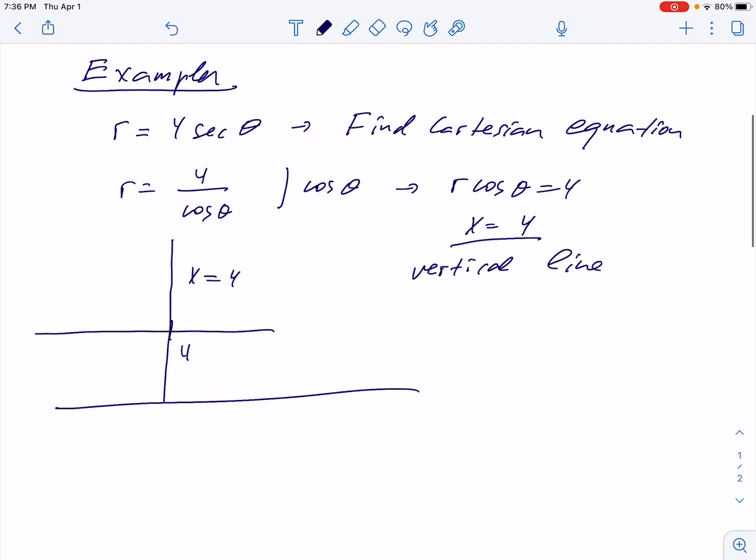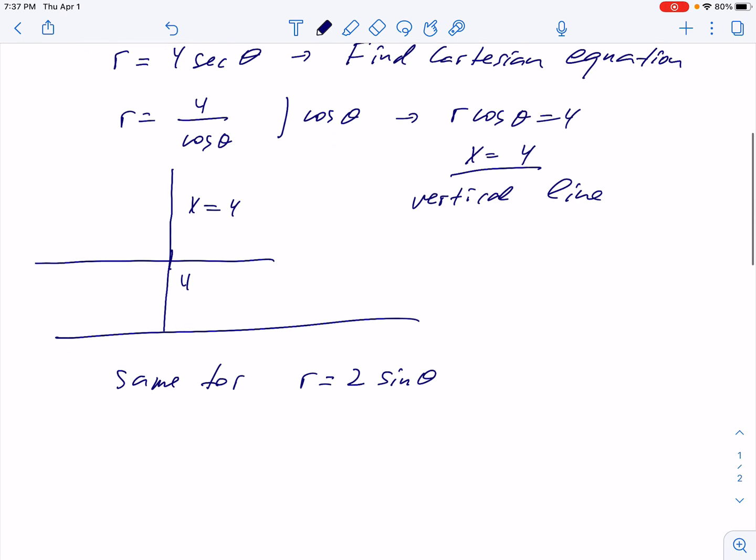This simple line has a sort of complicated polar equation. Another example. Do the same for the polar equation r equals 2 times sine theta. Again, we have to eliminate theta and r, find Cartesian equation.